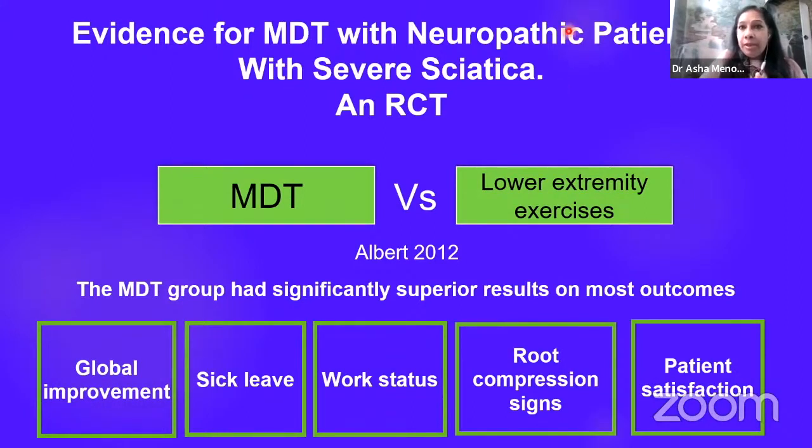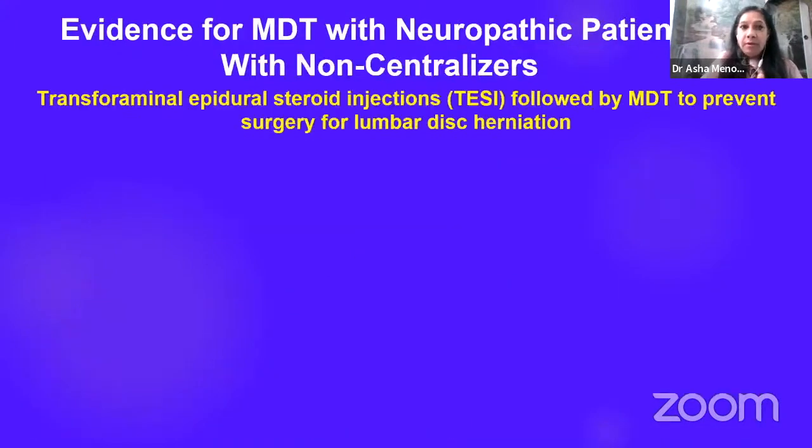So let's look at evidence with non-centralizers. Here we are looking at patients who have neuropathic pain and are non-centralizers, in the sense we have not been able to identify one movement, a directional preference or centralization, which could give good outcomes to the patient.